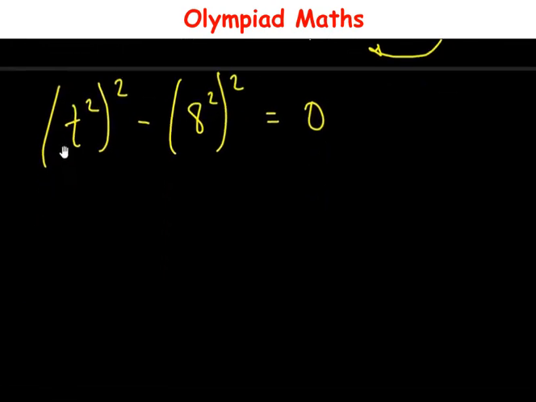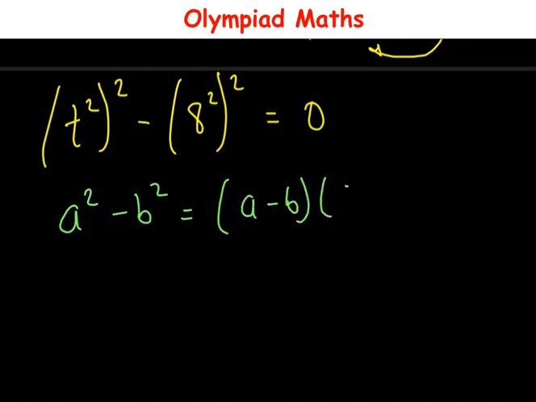Now with this, if you look at this, we have a difference of two squares. If you have a squared minus b squared, this equals, in brackets, a minus b multiplied by a plus b. In this case, the value of a is equal to t squared, while the value of b is equal to 8 squared.